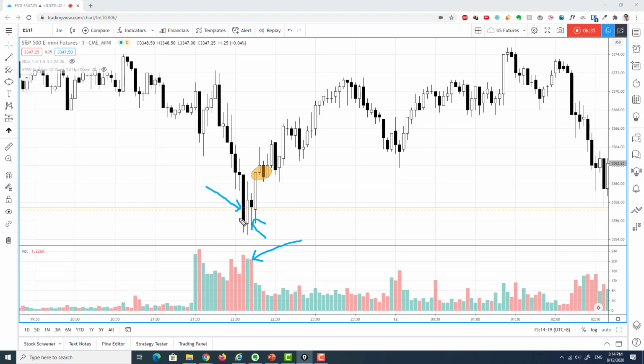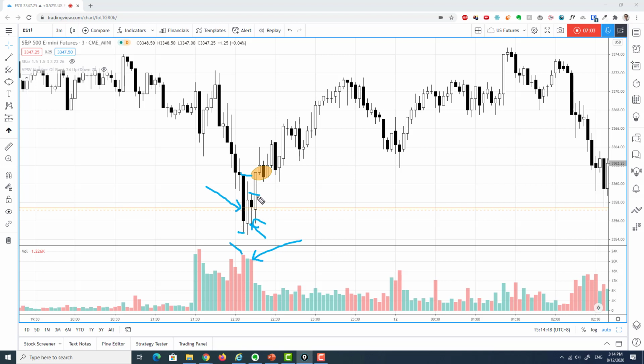This effort is very similar to this bar right here. But look at the result. In terms of the commitment or the distance traveled to the downside, we actually see some kind of demand tail. And in terms of the price spread, it's a lot smaller, I would say probably just around 50% compared to this big bearish bar here.